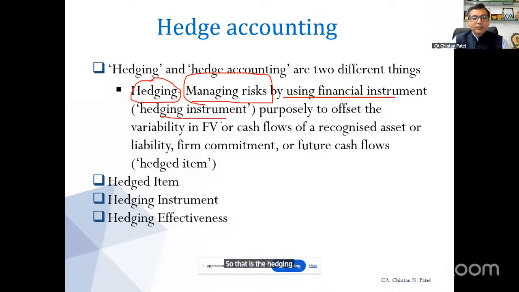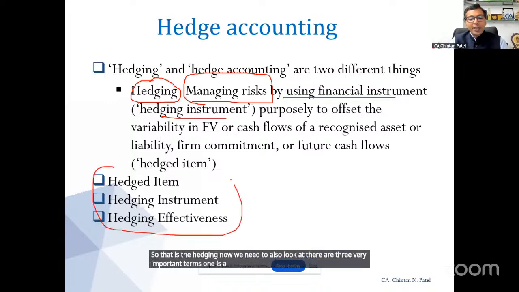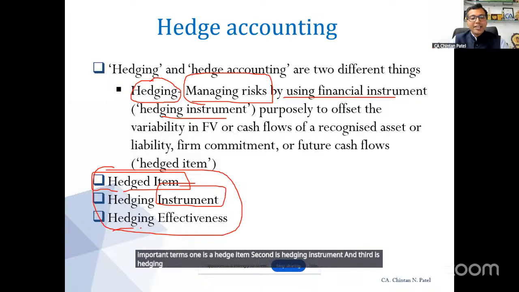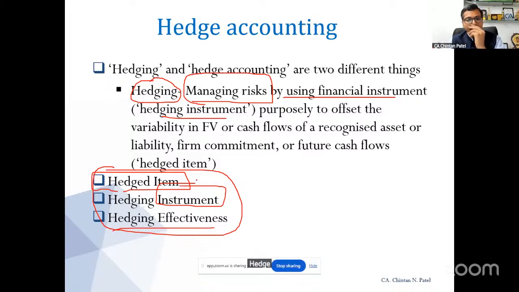Now there are three very important terms. One is hedge item, second is hedging instrument, and third is hedging effectiveness. Hedge item is the risk which is hedged.